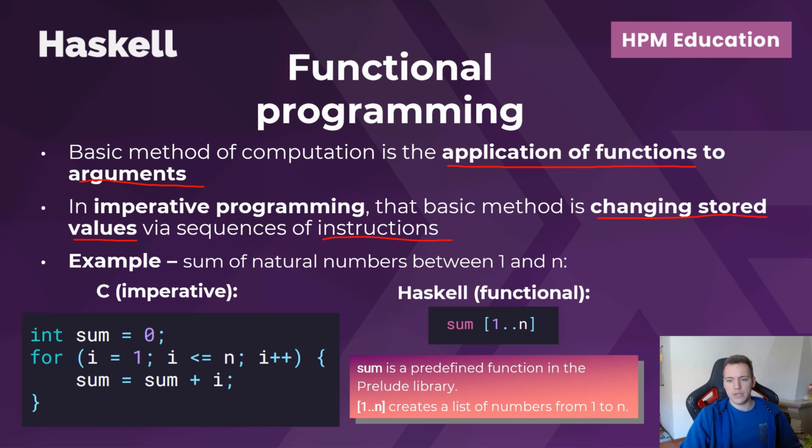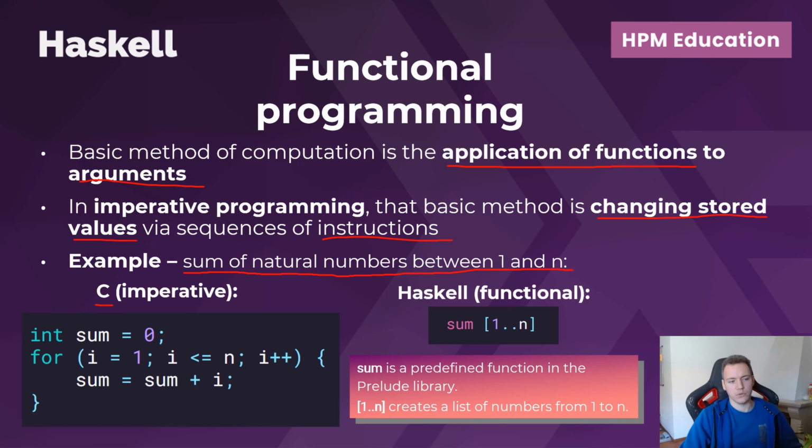To better understand this, here's an example of a program that is supposed to calculate the sum of natural numbers between 1 and n. First, on the left side, we have this program written in the C language, which is an imperative language.